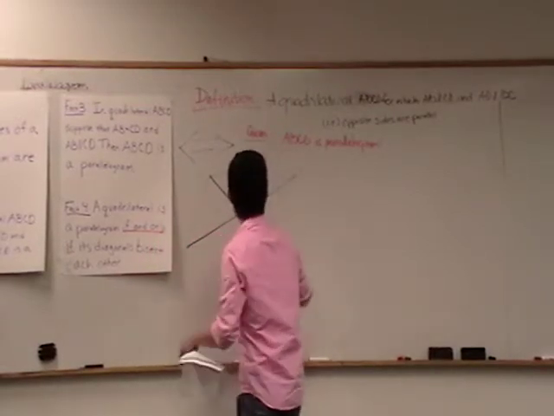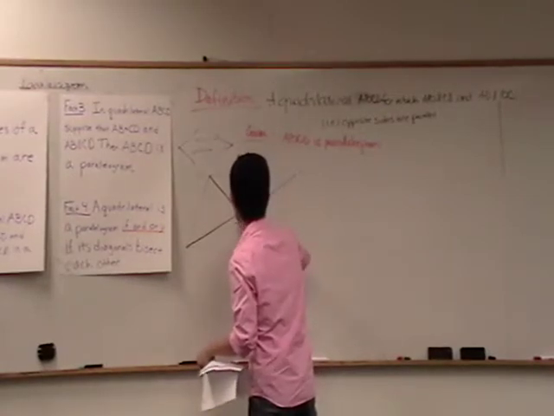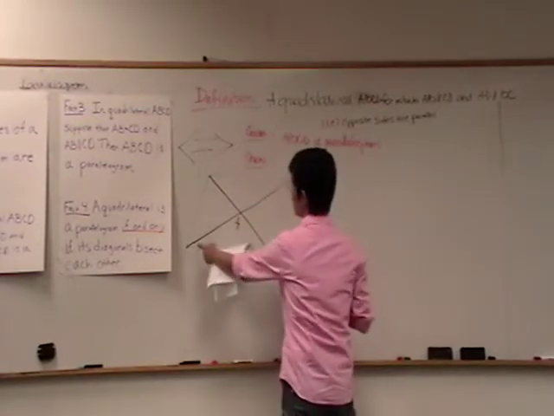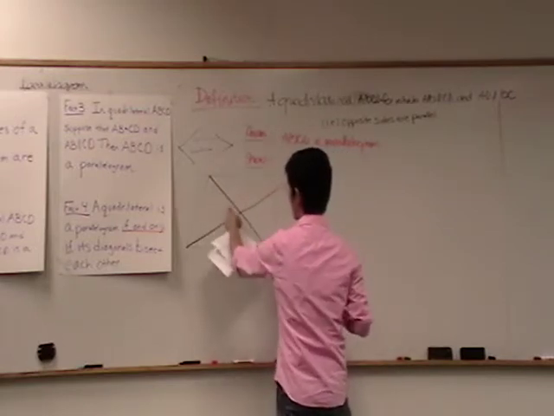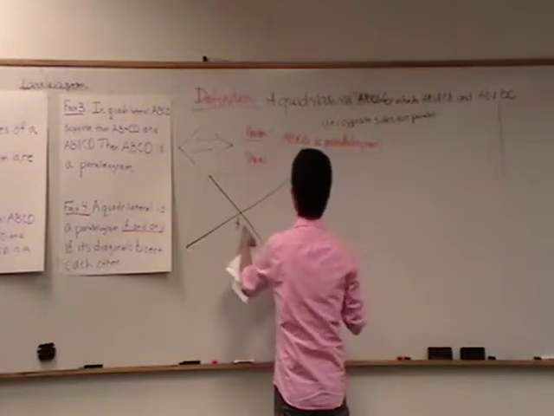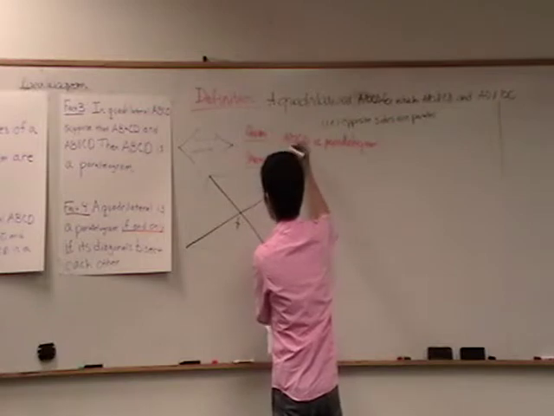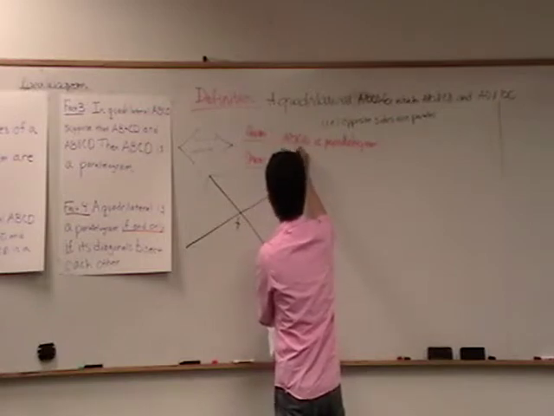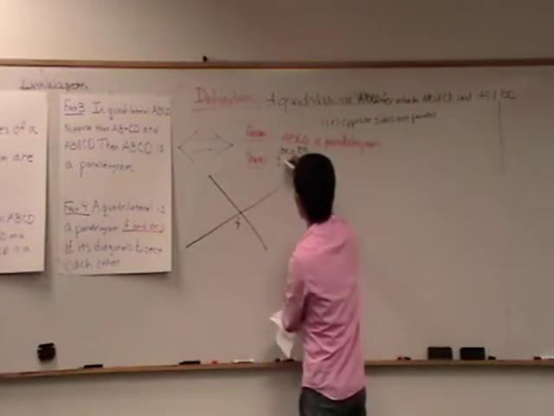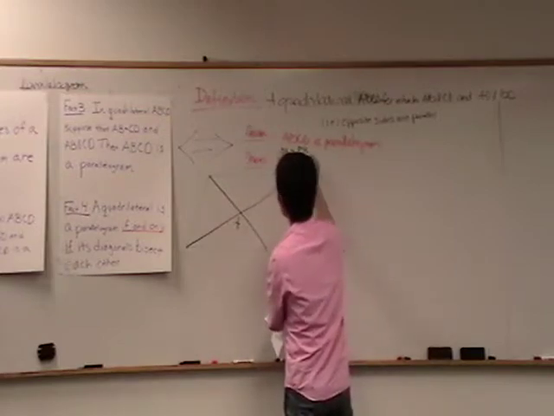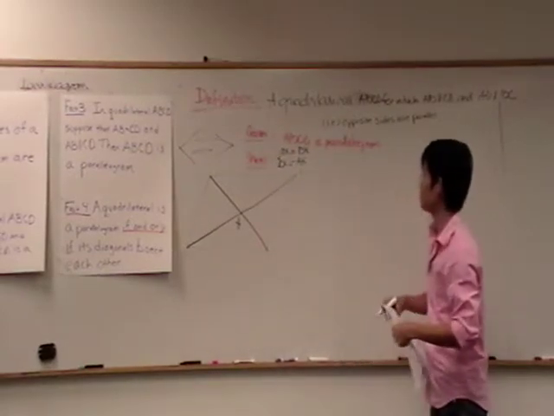I call the intersection here X. That means we have to show DX equal BX and AX equal XC. So how can we do it?